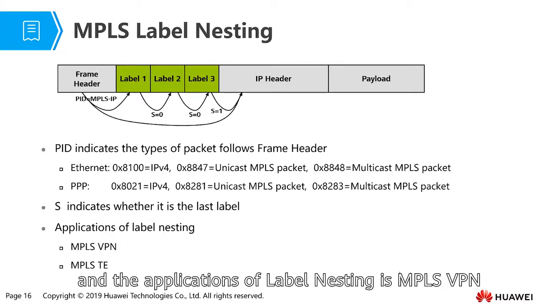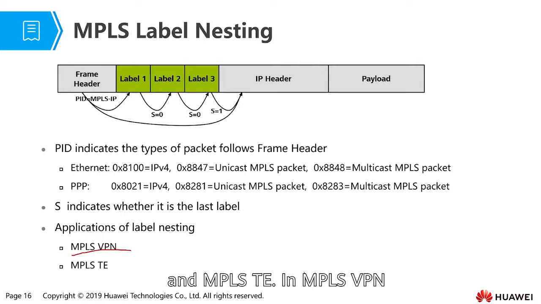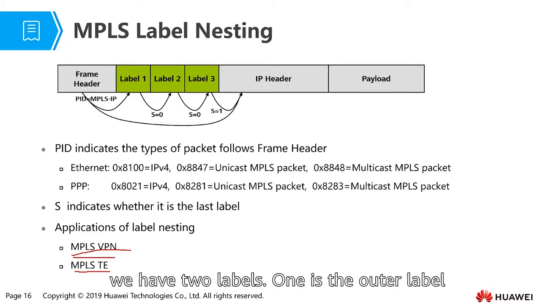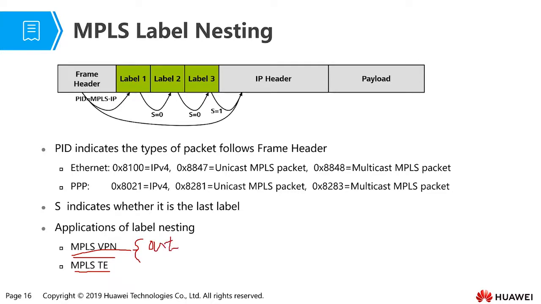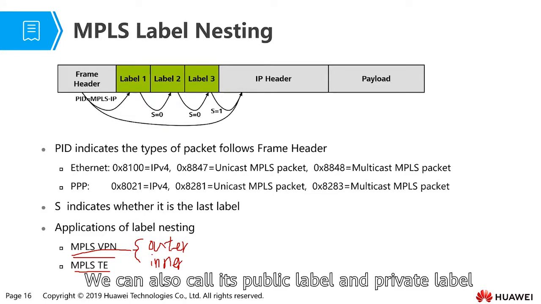Okay, and the applications of label nesting are MPLS VPN and MPLS TE. In MPLS VPN, we have two labels. One is the outer label, the other is the inner label. We can also call them the public label and private label.